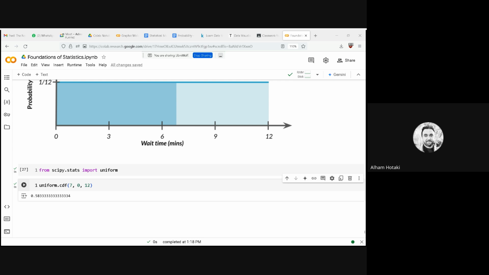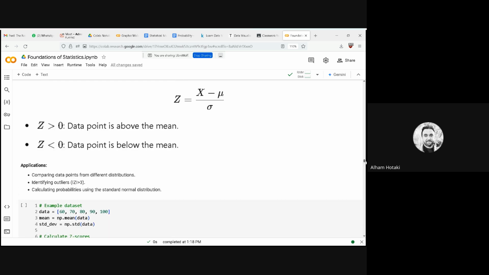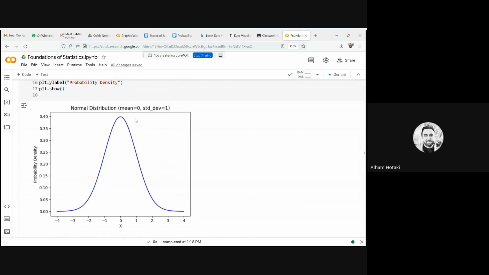We have different types of continuous distributions, and for all of them the area is very important and plays a key role. In our lecture, the continuous distribution that we studied is called the normal distribution.